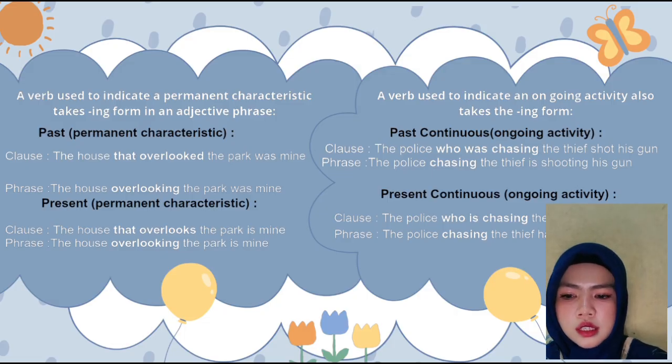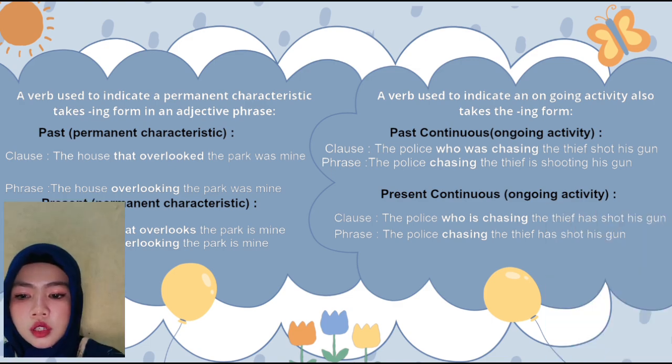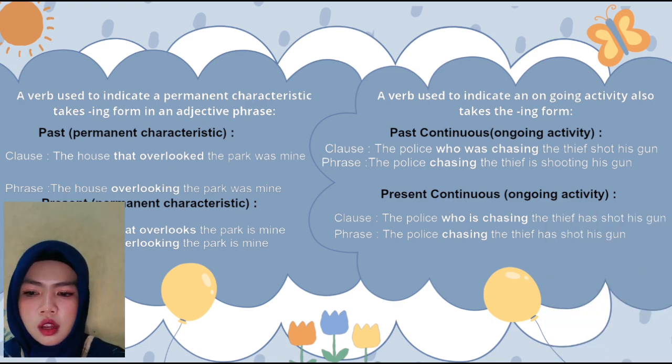Phrase: the police chasing the thief shot his gun. Present continuous, ongoing activities. Clause: the police who is chasing the thief has shot his gun. Phrase: the police chasing the thief has shot his gun.